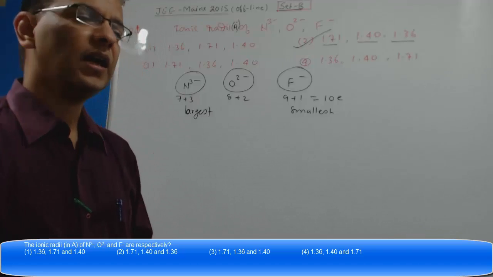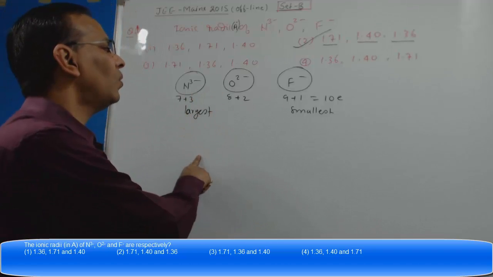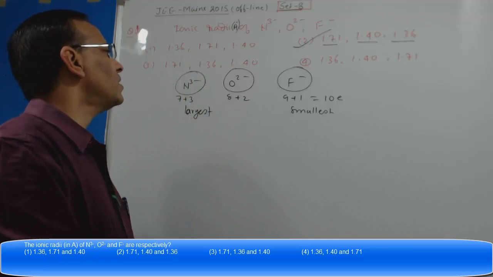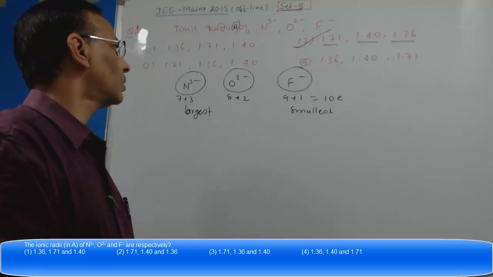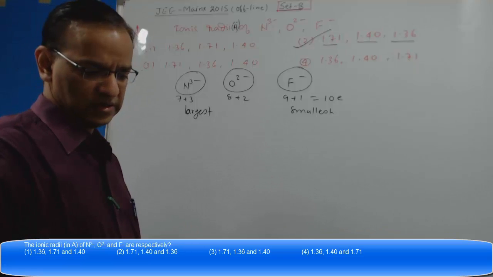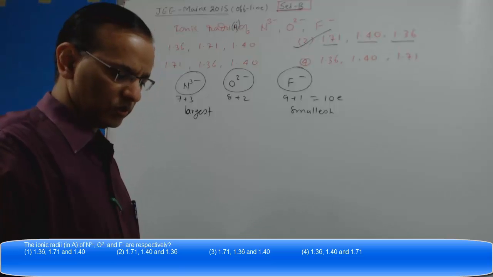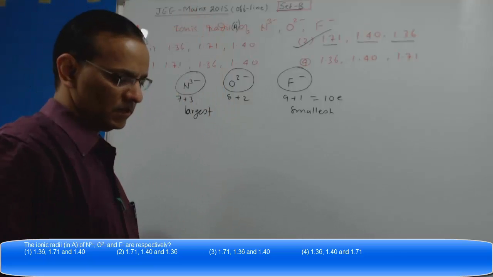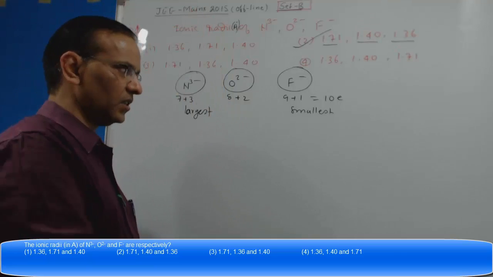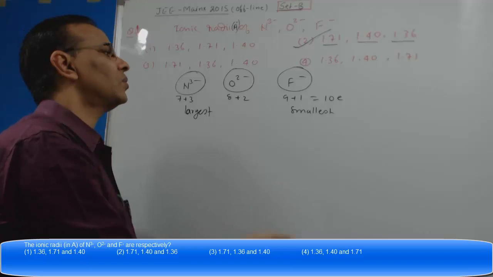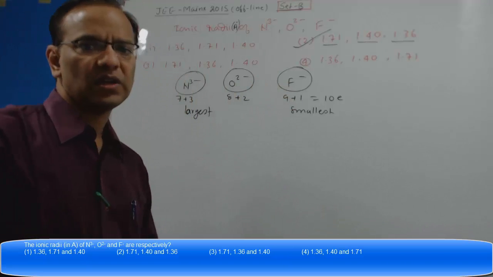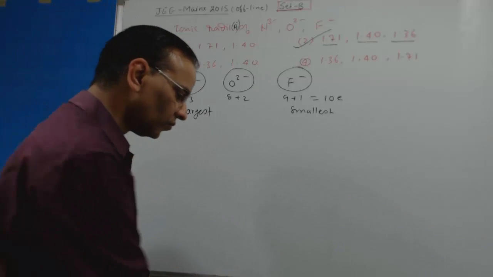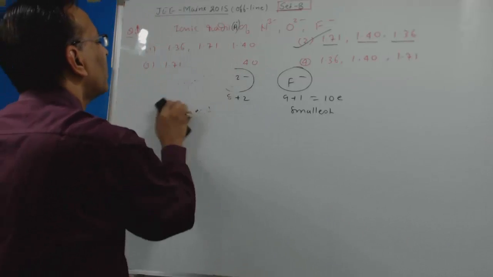Effective nuclear charge will be lowest in the case of N3-, since the proton to electron ratio will be smallest for this and largest for this. So largest effective nuclear charge, smallest size; smallest effective nuclear charge, largest size. Right? Now let us move to question number 5.